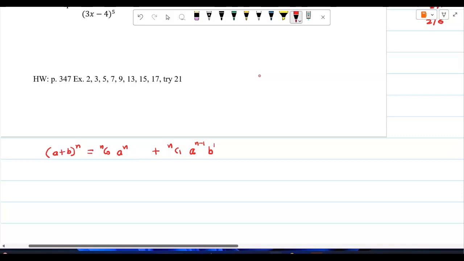The power of a will keep on decreasing, and the power of b will keep on increasing. a starts with the highest power and keeps decreasing by 1. b starts with 0, b raised to 0, which we don't write, and then it keeps on increasing.